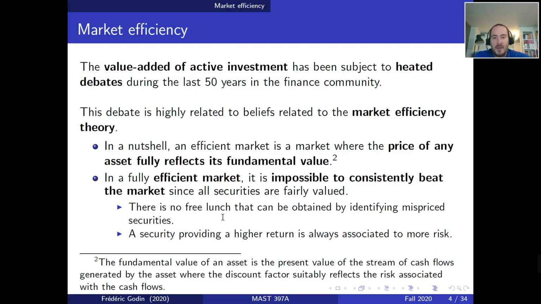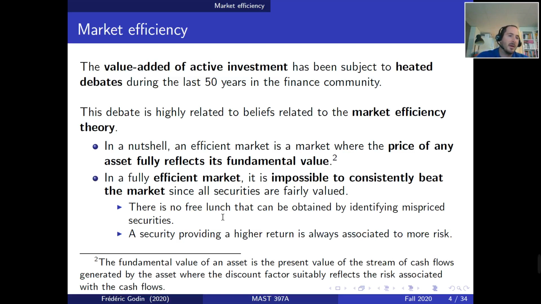A fundamental value of an asset is the present value of the cash flow stream provided by this asset, where in the present value, the discount factor should suitably reflect the risks associated with the cash flows. For example, if you invest in a stock, then the discount rate should be higher than if you invest in a bond where the cash flows are much less risky.